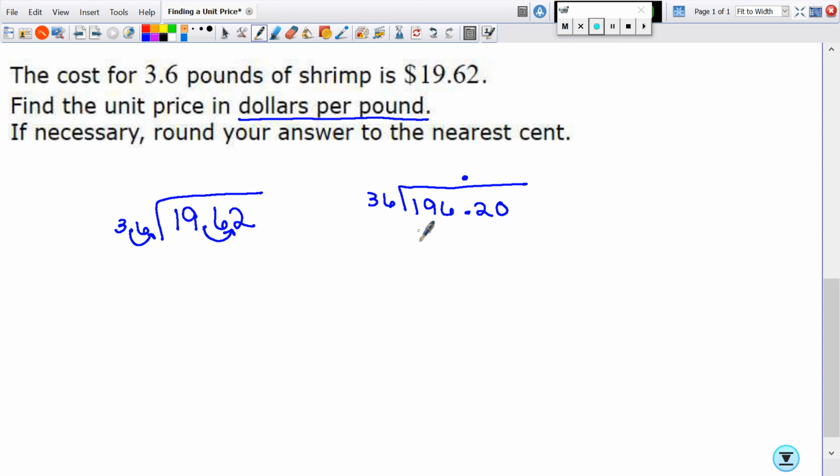36 goes into 196. It doesn't go into 1 or 19, so you have to go to 196. Let's try 3 goes into 19 6 times. Let's try a 7 here. 7 times 6 is 42, and 7 times 3 is 21, plus the 4 is 25.